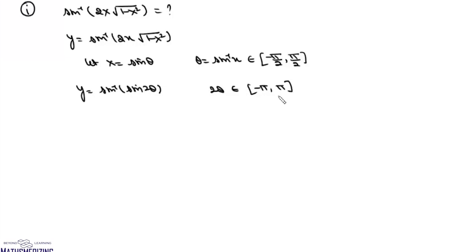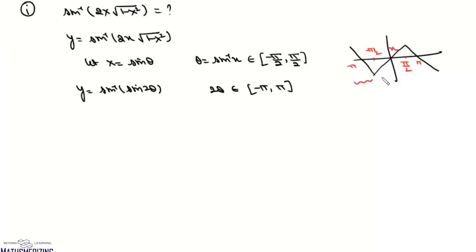So what we'll do is we'll draw the graph of sin inverse of sin x. That is the graph of sin inverse of sin x. This is minus pi, this is minus pi by 2, this is pi by 2 and this is pi. Now between minus pi by 2 and plus pi by 2, it is x.